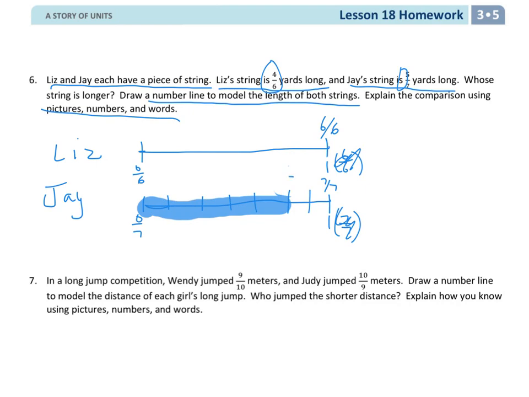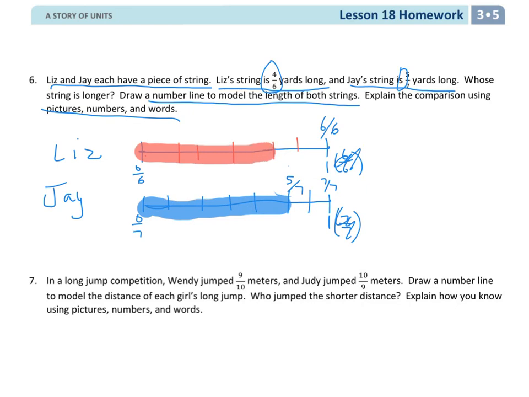So this is 5/7. And now for Liz, we want to do it in sixths. And she has 1/6, 2/6, 3/6, 4/6.